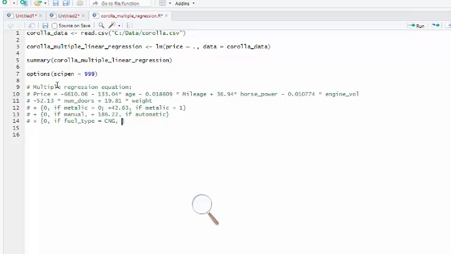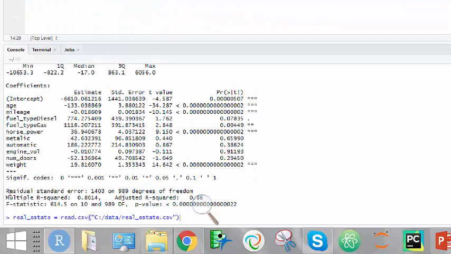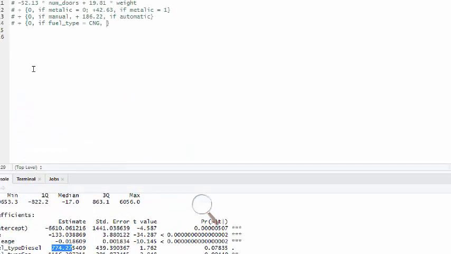Benchmark category, okay? And then if the car runs on diesel, then I have fuel type diesel plus 774.27, this one, right?